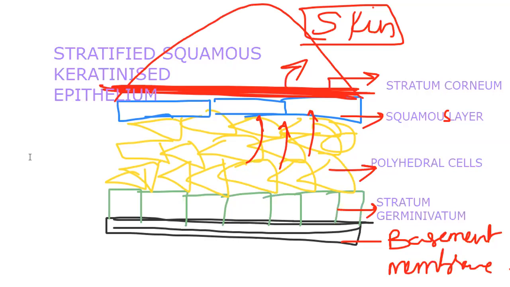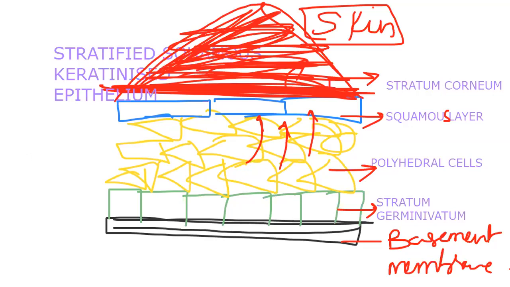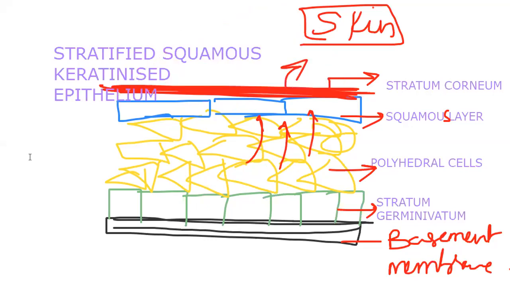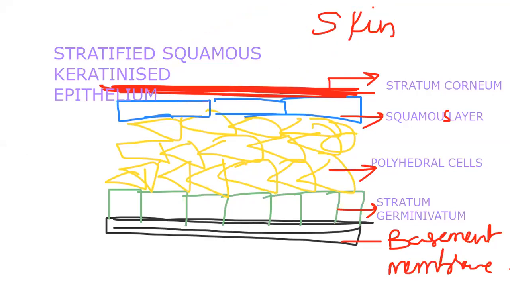So what is happening there? New cells are formed. They die. They become squamous. They die. That is how your nail is growing. So your skin, your nails, and your hair are also good examples. How do we see this in the hair?